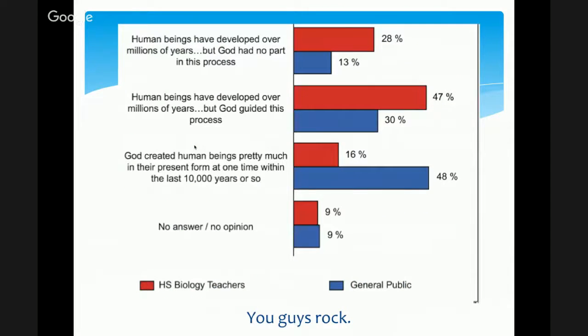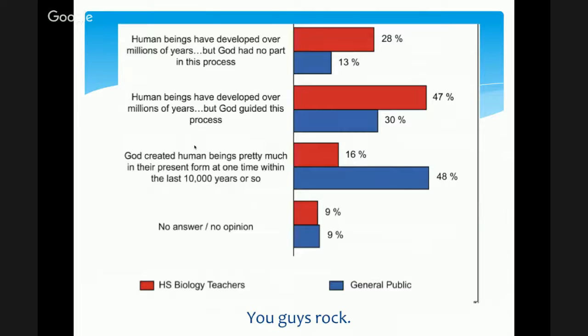So this is some polling data, from a Pew poll that gets asked every year or so. Human beings have developed over millions of years, but God had no part in this process. That would be a very strict agnostic evolutionary view.